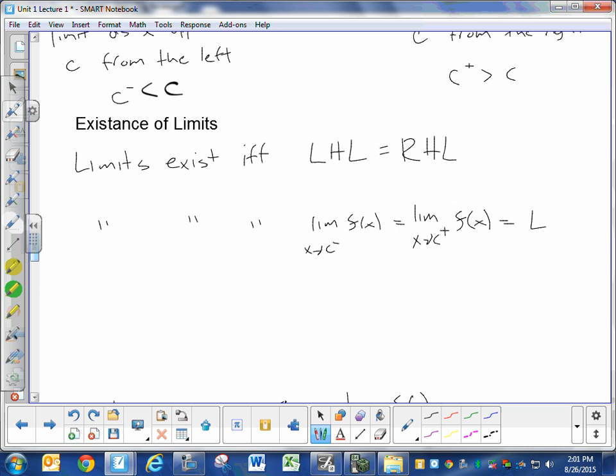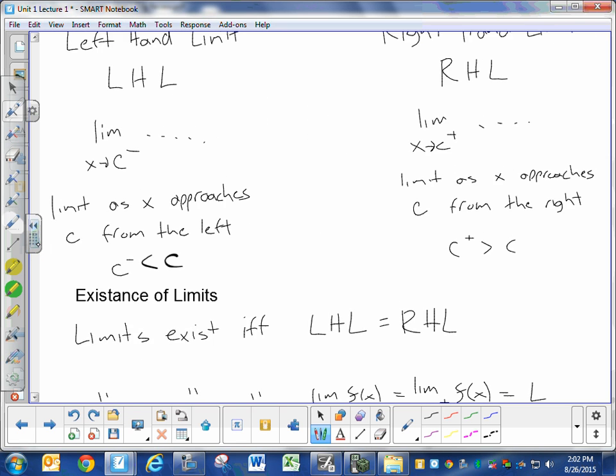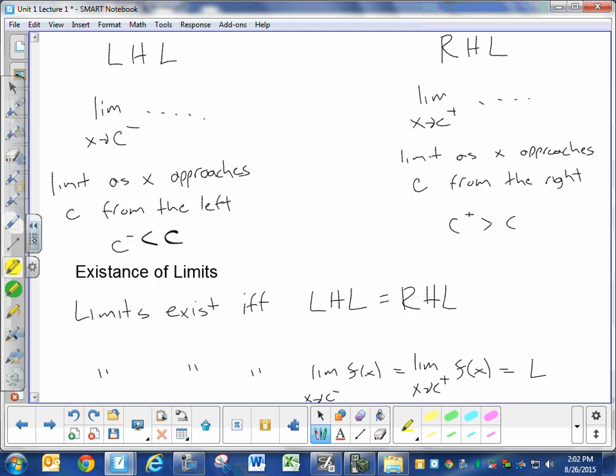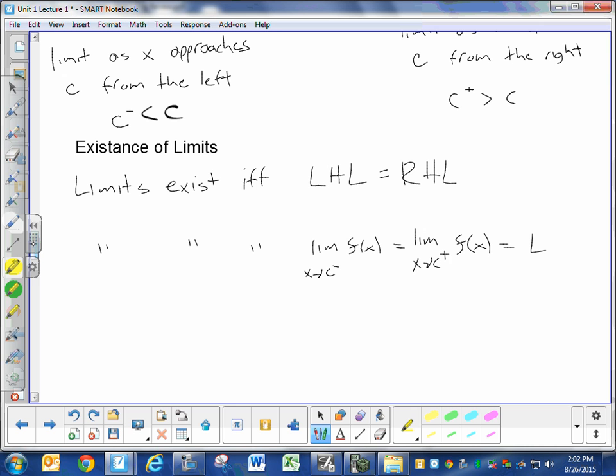Mr. Olin, so are you saying that the problem we just did above doesn't have a limit? Yes. What I'm saying is that if I asked you what the limit was at 1 in general, and if we go back to the existence of limits, I'd like you to throw in limits in general. I like the word "in general" here. A limit exists if the left-hand limit is equal to the right-hand limit.